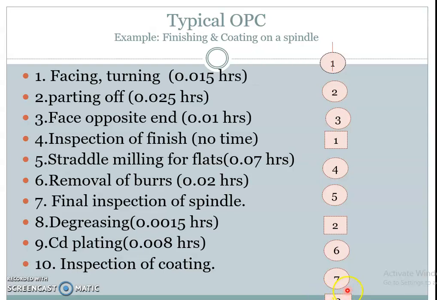This is inspection number 3, so the number given for the rectangle is 3. So this is an example of a typical outline process chart or operation process chart.